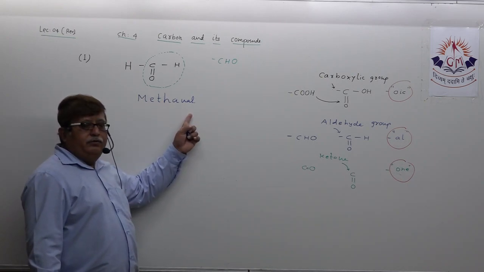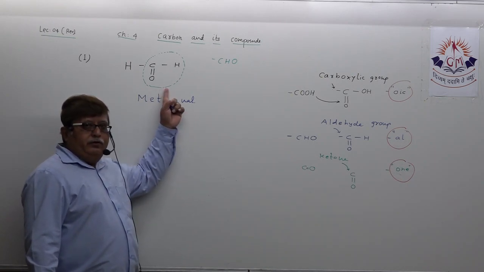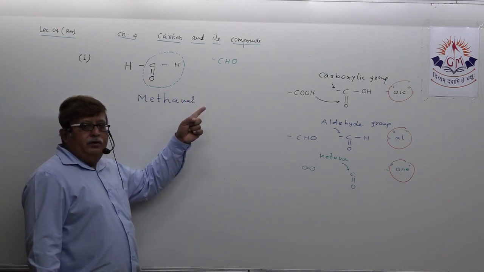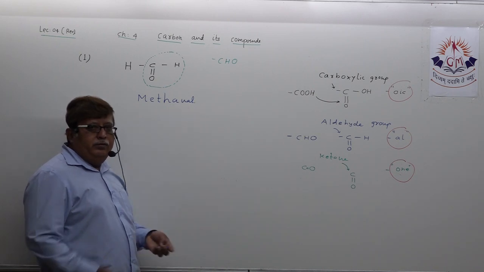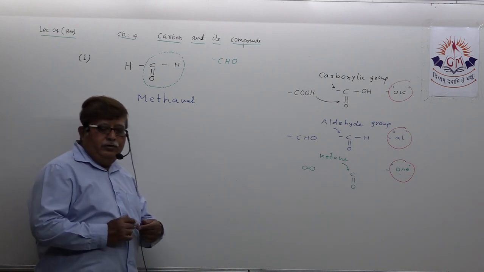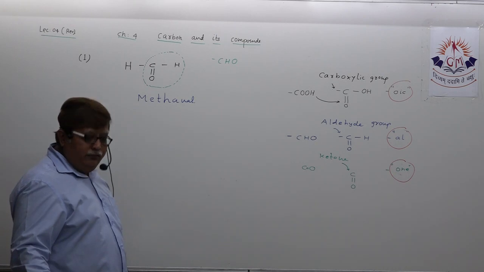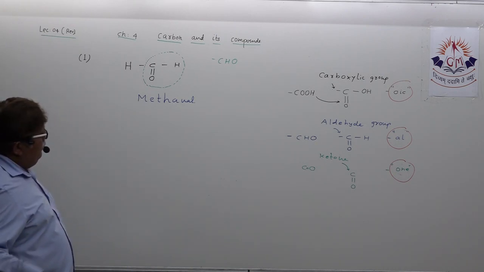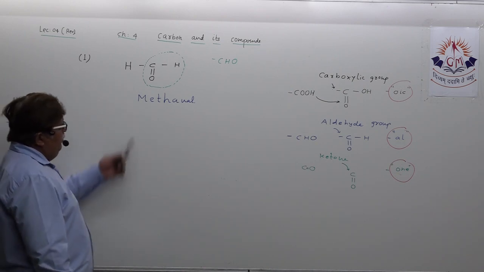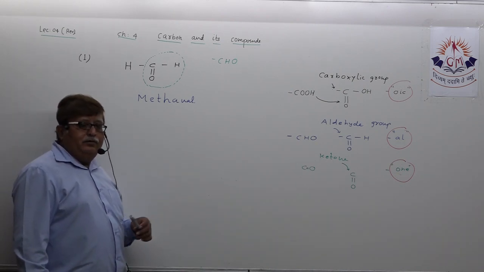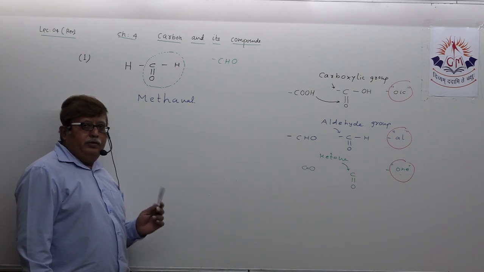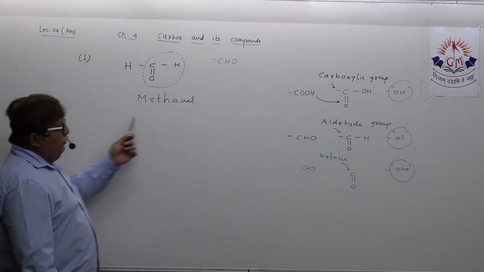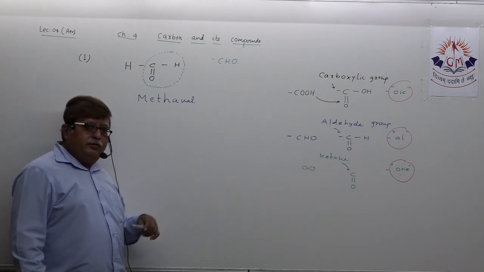CHO, that means al, consisting of one carbon atom. One carbon atom means C1, methane, so it can be named methanal. You understood this? Clear? Many students must have been able to name the organic compound this way. That's fine. If a student could not understand, please concentrate here.